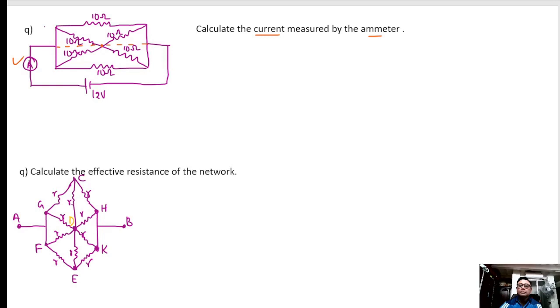Clear? So if I watch this part carefully, please see what I can do. Suppose I name this point as A and this point as B. Can I bring this point to this and this point to this?